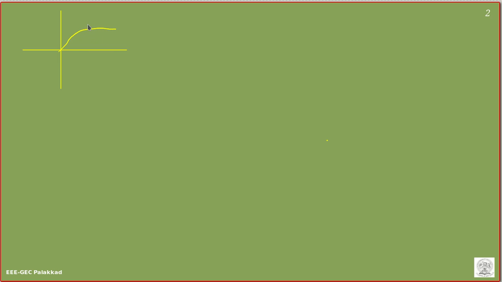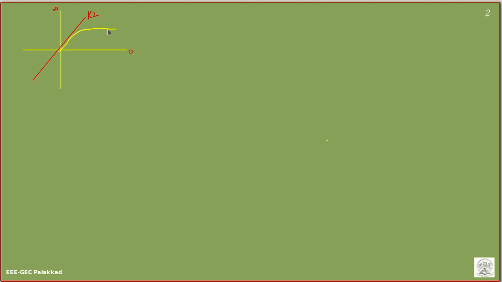I can say that this nonlinearity does not lie in the 0 to infinity sector, that means 0 slope and infinity slope. It lies within a bound, let me call this bound K2. It lies within the sector 0 to K2. So I can also bring the nonlinearity within some sectors.